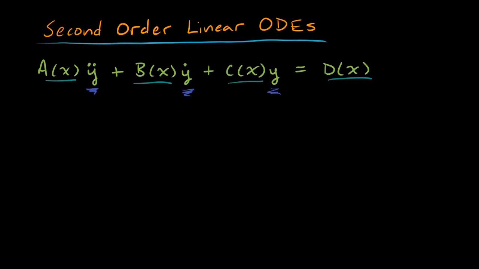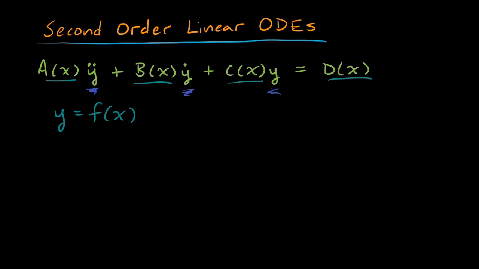So, as you might expect, the solution to the differential equation has to be the function y equals f(x) that satisfies the second order differential equation expression. If you recall, for the first order equations, we had this concept of a homogeneous equation where the right hand side essentially was zero, and we have the same thing here.